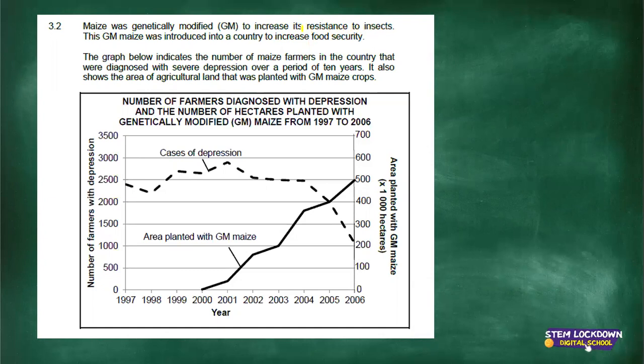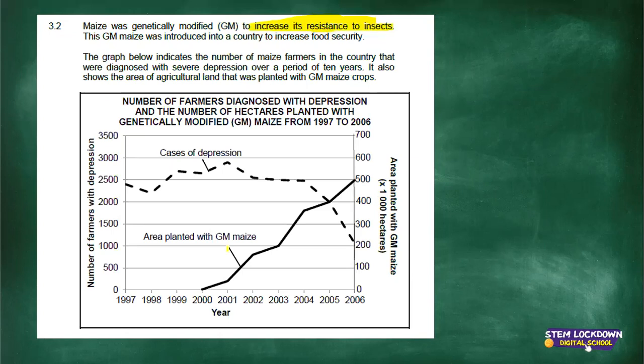So that it has increased resistance to insects. The graph below indicates the number of maize farmers in the country that were diagnosed with severe depression over a period of 10 years. It also shows the area of agricultural land that was planted with GM maize crop.